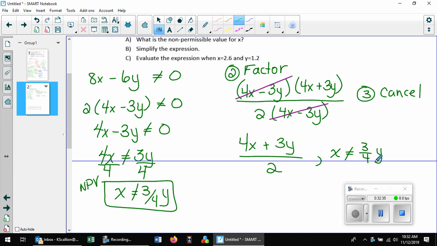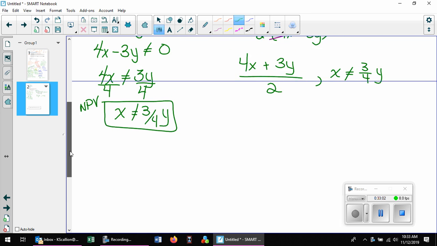Okay, so part C. So I did A, I did B, now I got to do C. So it says evaluate the expression when x equals positive 2.6 and y equals 1.2. This is what we're going to do. You guys are going to put it into the simplified expression. I'm going to put it into the original. Okay? So that's your job. You guys are going to do the simplified. I'm going to do the original.